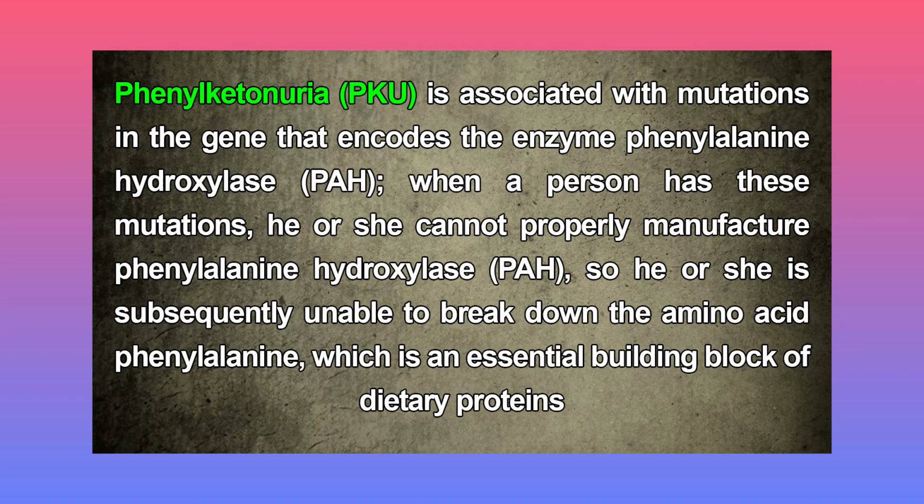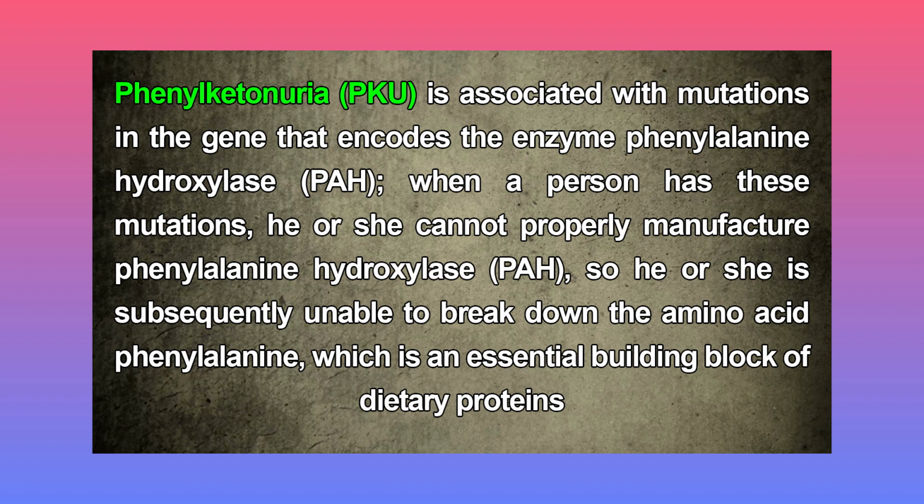Phenylketonuria is associated with mutations in the gene that encodes the enzyme phenylalanine hydroxylase, or PAH. When a person has these mutations, he or she cannot properly manufacture the phenylalanine hydroxylase enzyme.